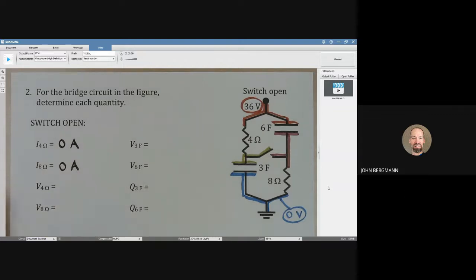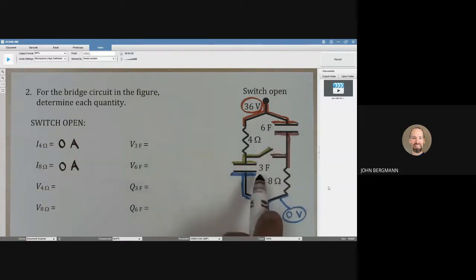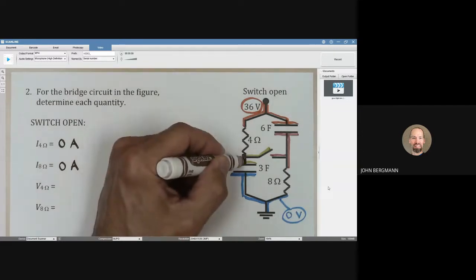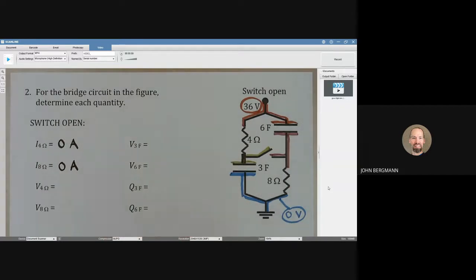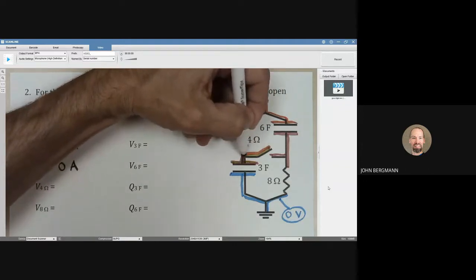How about the voltage across the 4 ohm resistor? Well, if this is a capacitor and this is a capacitor, and there is no charge that can flow anywhere in the circuit, essentially what happens is that this region of the circuit becomes pressurized, equal to 36 volts as well.